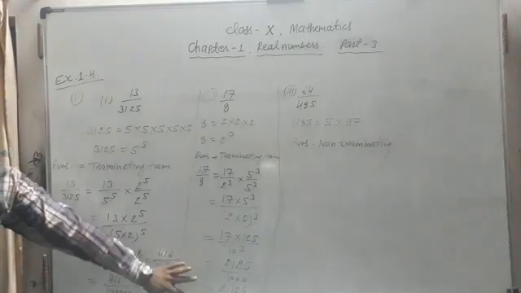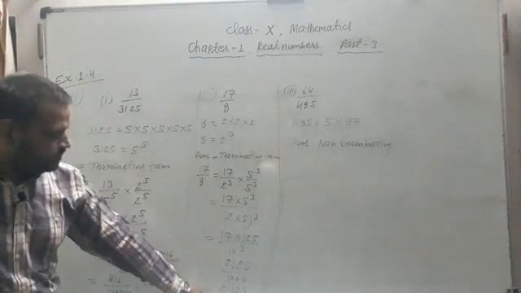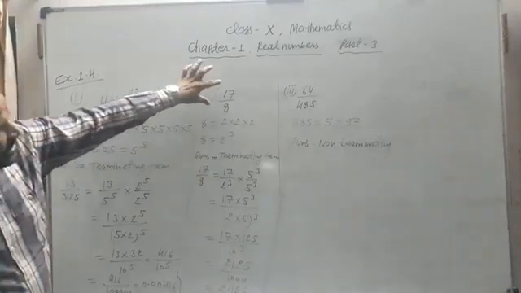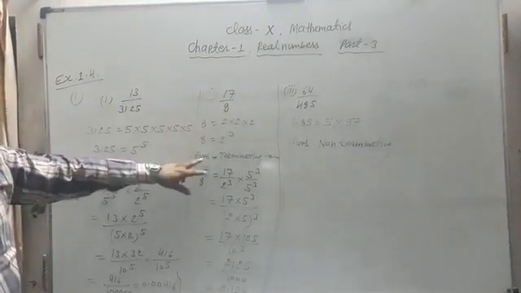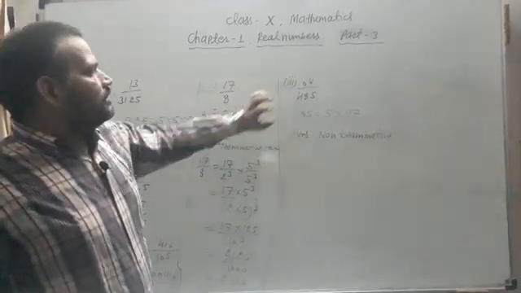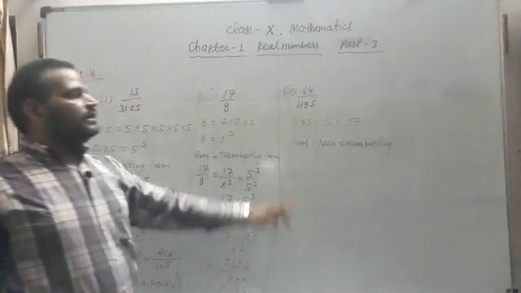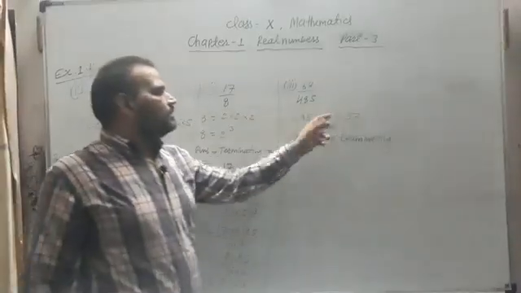Clear? So in this way we can find the decimal form of a given rational number having terminating form.